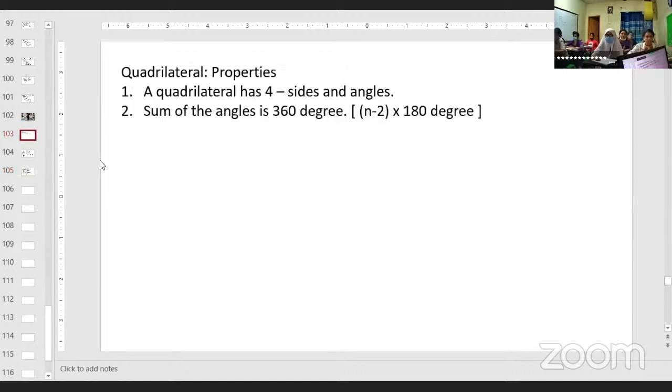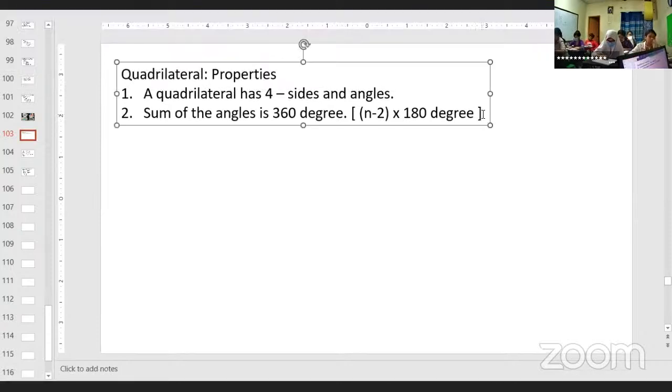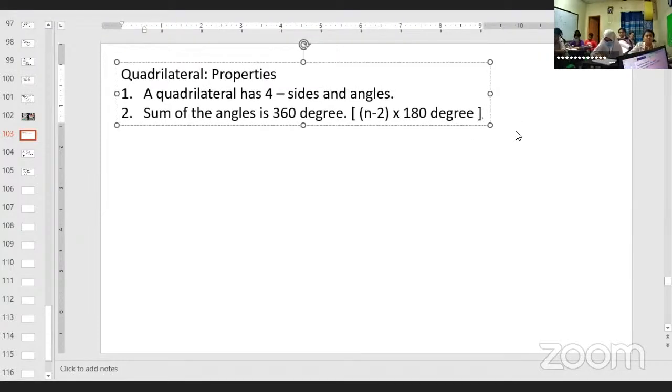Okay, so can you go back to the properties of quadrilaterals? We're studying quadrilaterals. We're going to study some regular quadrilaterals.